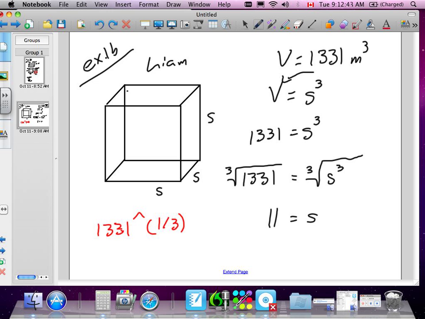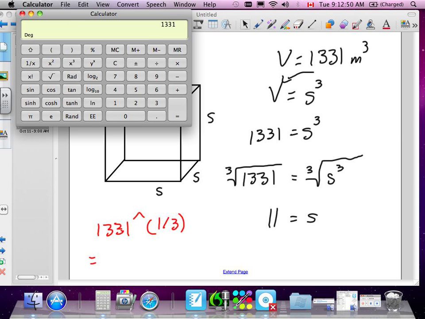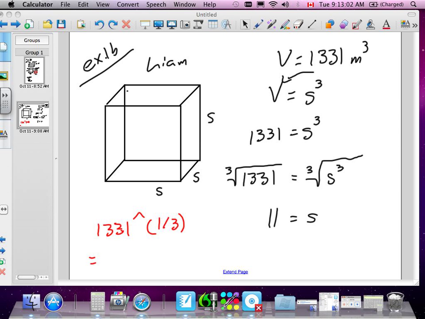If you put that in the calculator, that's the same as finding the cubed root. So, to the power of 1 divided by 3, end brackets, equals 11. So you can do it that way if you can't find cubed root on your calculator. So now we discover that one side is equal to 11 meters.